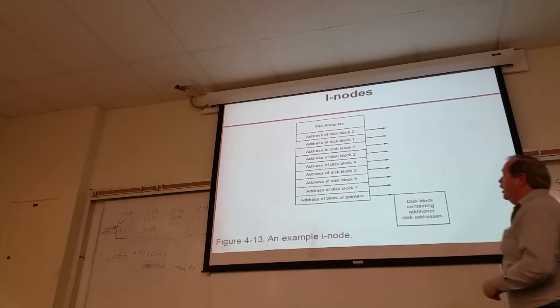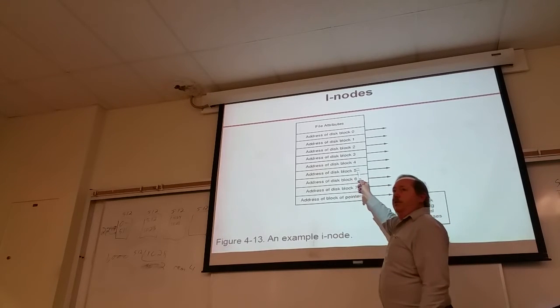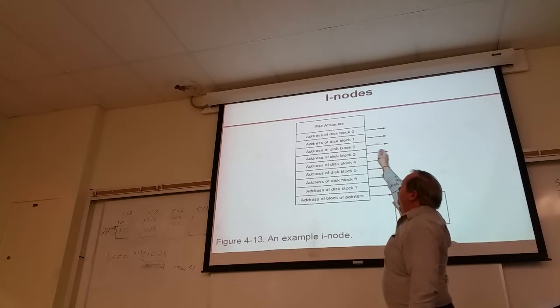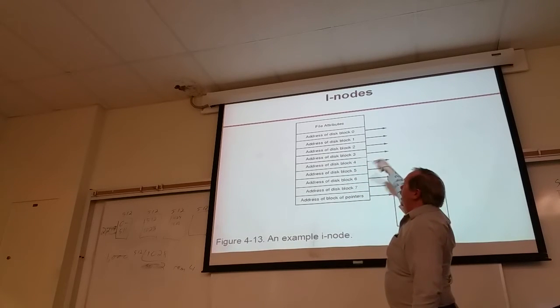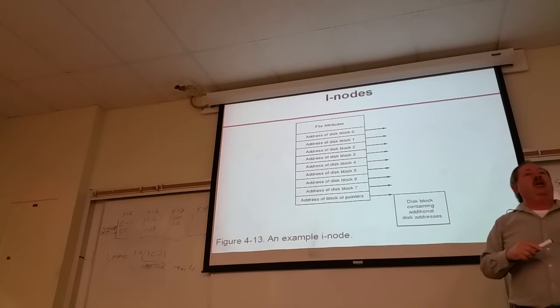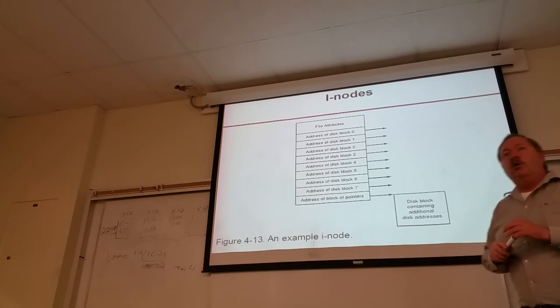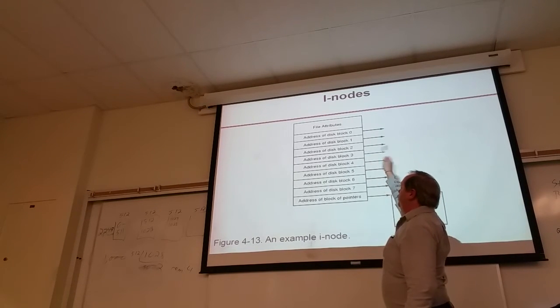It's an inode because it has this very specific construct to it. The first some number of bytes, different for every file system, every operating system, has the file attributes. You've seen that before. Owner, group name, date created, all that fun stuff that we need to know about files is all there in the file attributes.